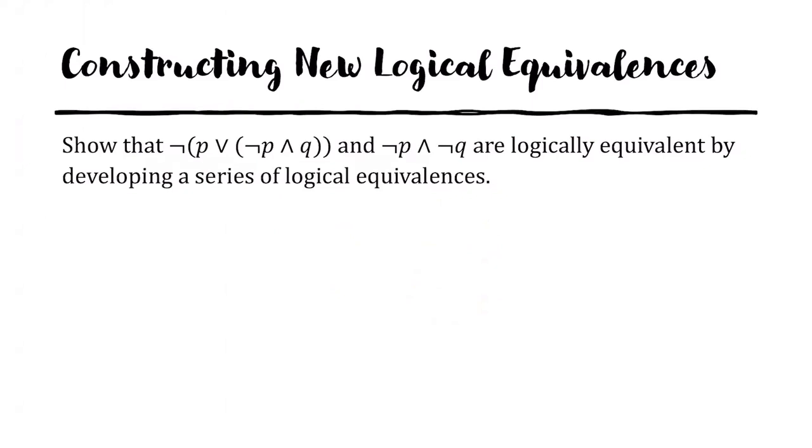Okay. Now here we have the negation of P or (P and Q).